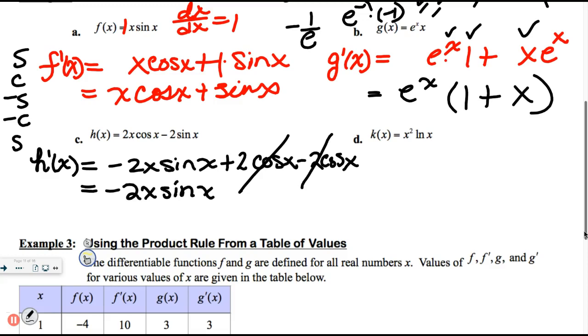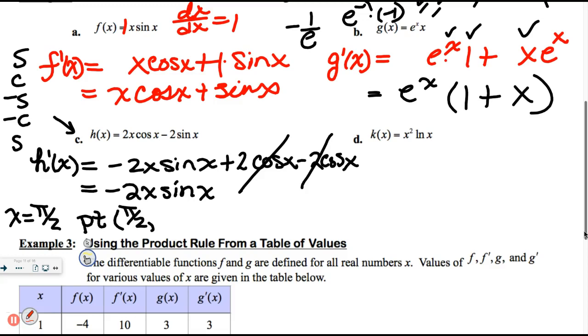Now again, I'm going to expand on this question. What if it asked me to find the equation of the tangent line to this curve when x is equal to pi over 2? Well, remember, we need two things. We need a point, and they're telling me pi halves is the x.